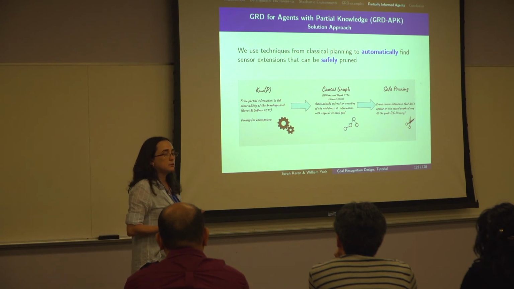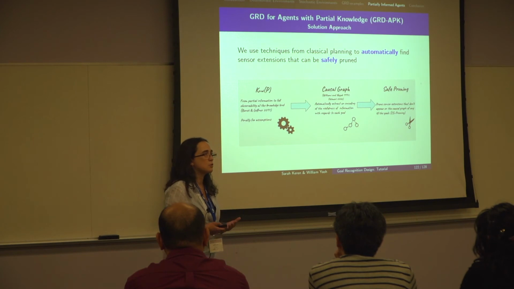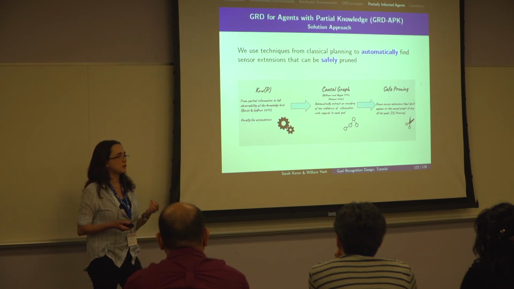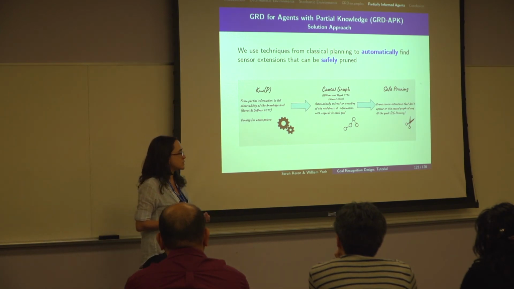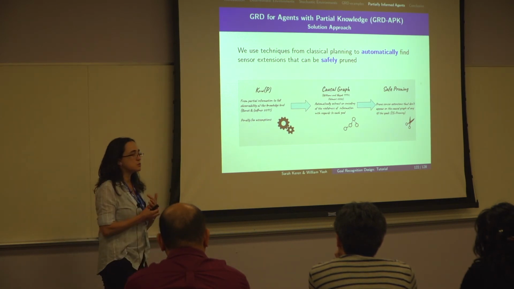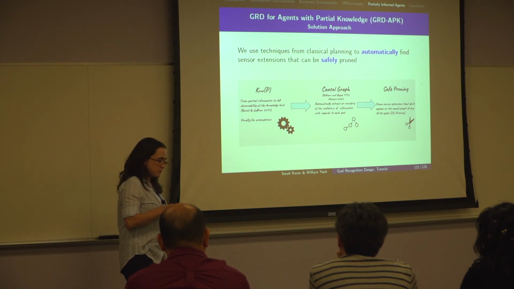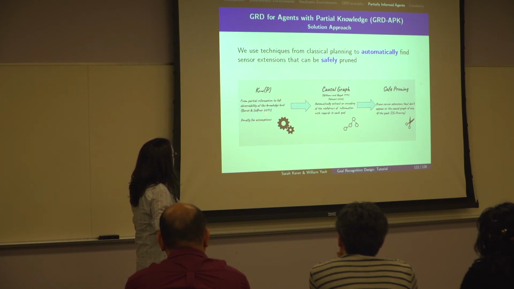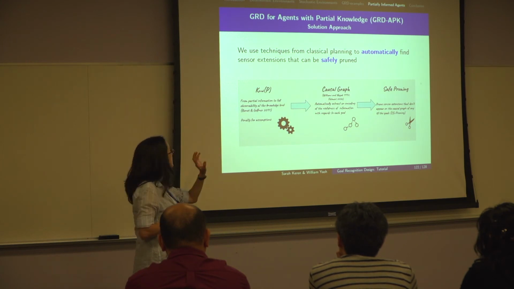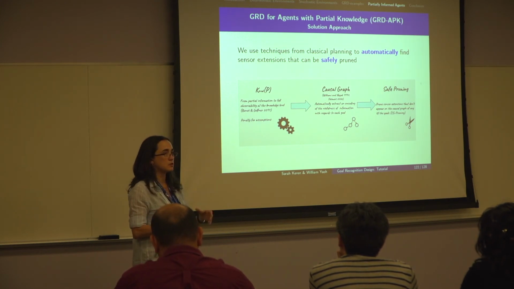And the techniques that we came up with have to do with ways to automatically extract information that is irrelevant for the GRD case. What we did here is, we decided to use techniques from classical planning. As a first stage, we compiled the agent contingent planning problem into its corresponding knowledge compilation at the knowledge level.